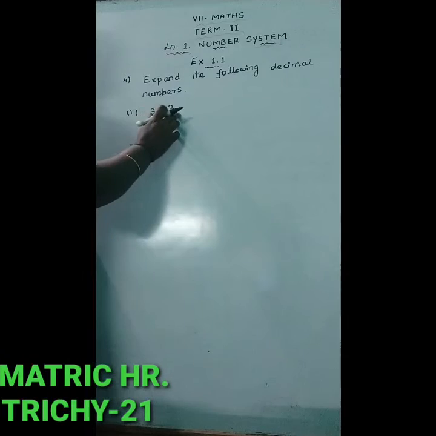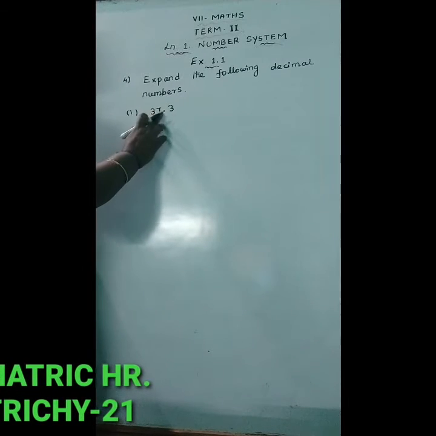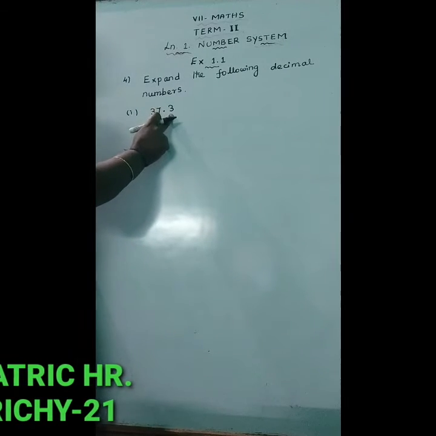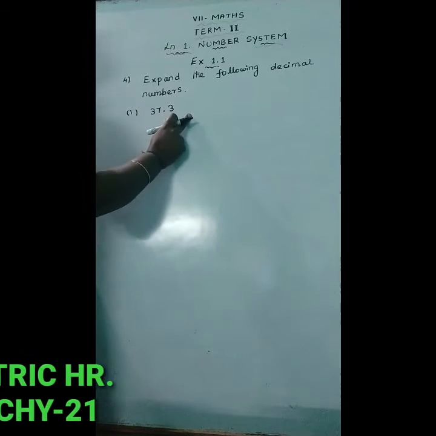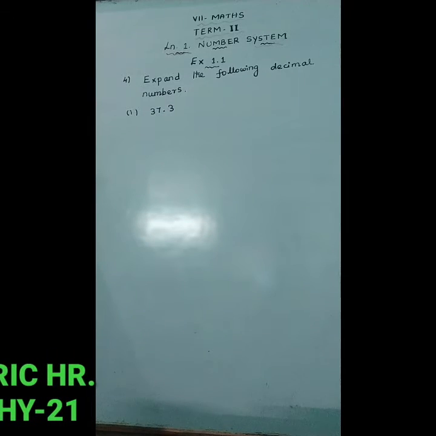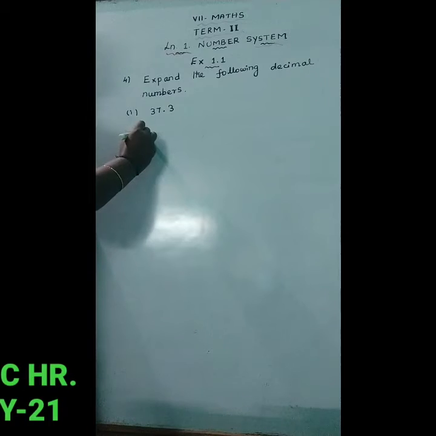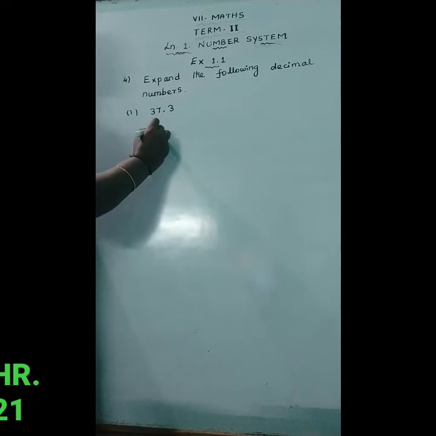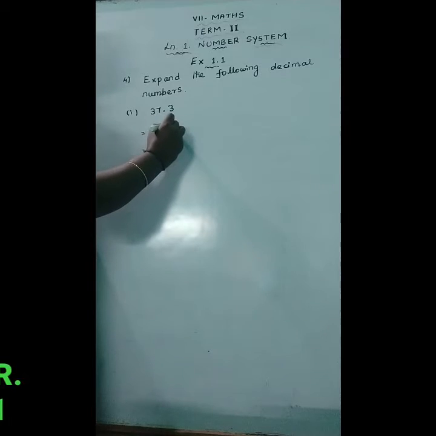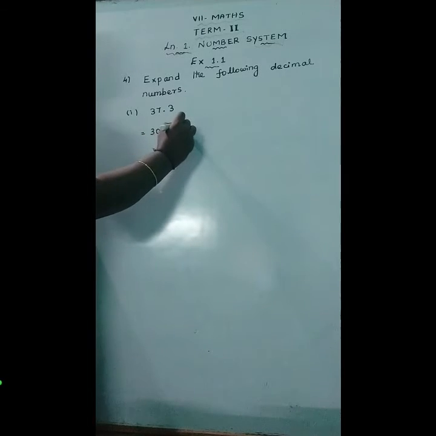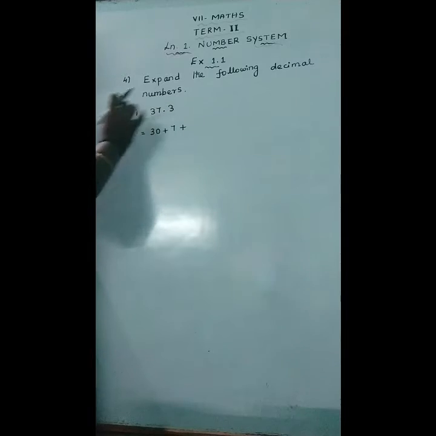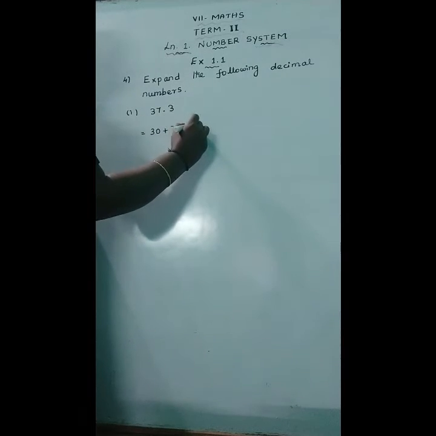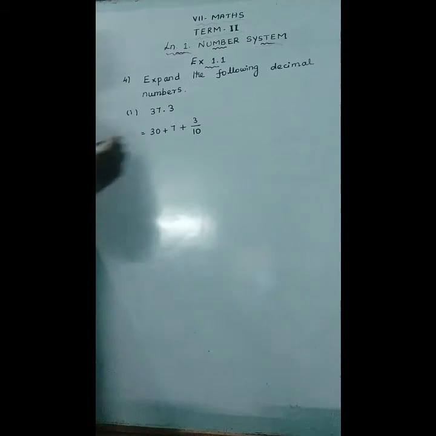After the dot, after the decimal point, the first place is tenths, then hundredths and thousandths, and so on. So here we write 30 plus 7 plus, after the decimal point, 3 divided by 10.